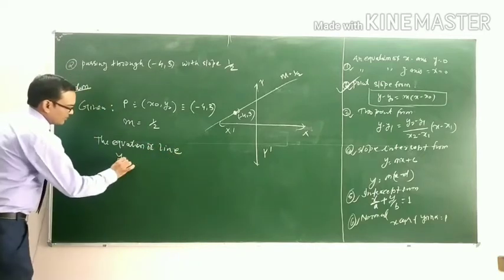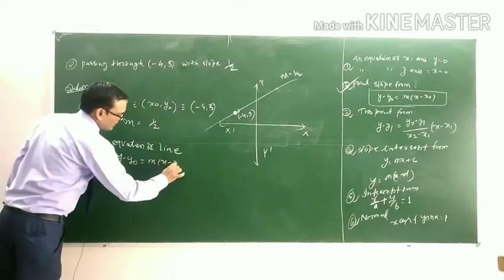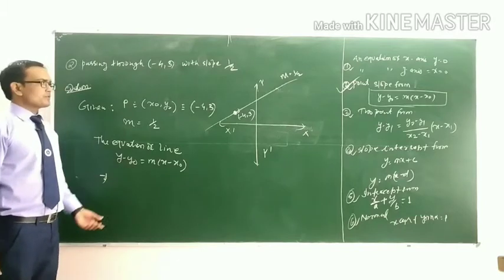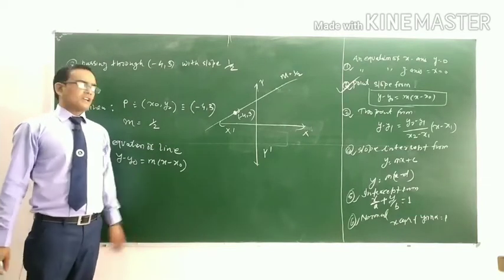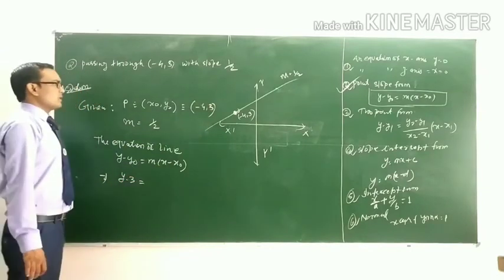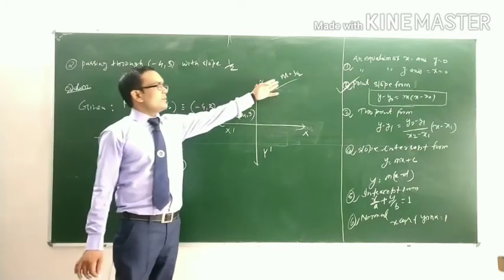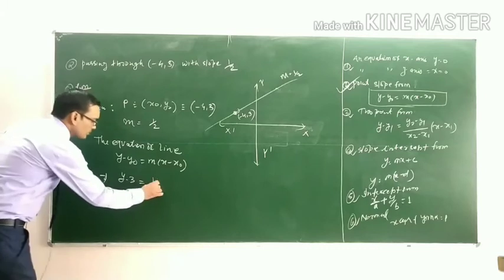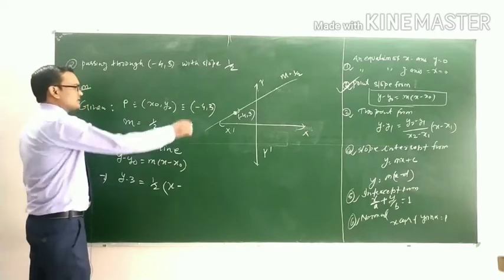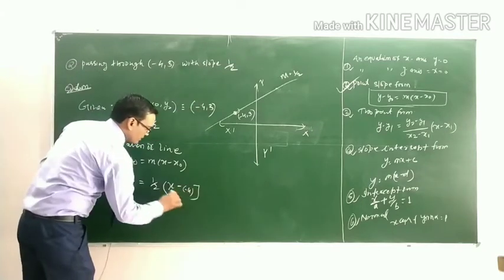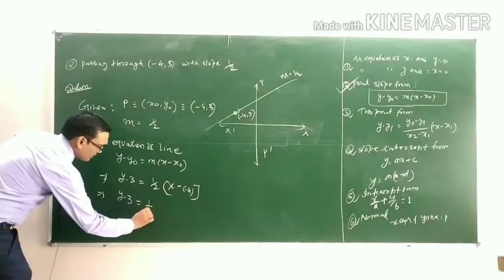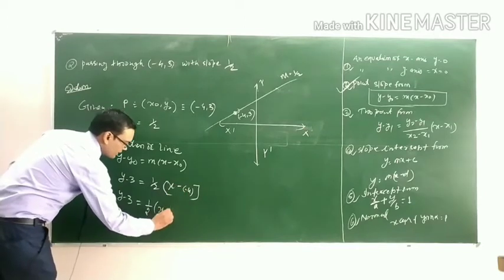The value of y0 is 3, the value of m is 1 by 2, and the value of x0 is minus 4. So y minus 3 equals 1 by 2 into x plus 4.